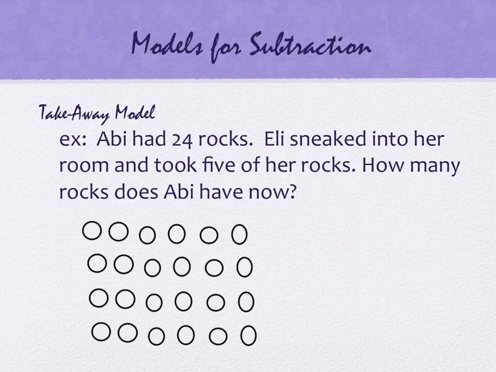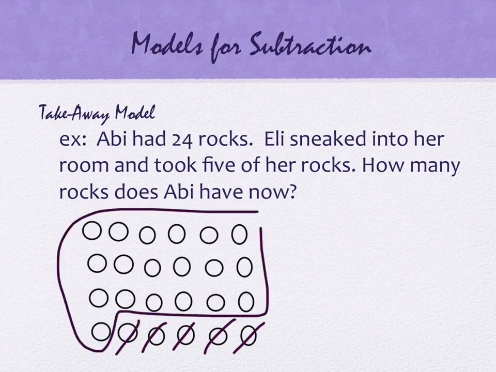And the idea of takeaway is that I'm removing a portion of them. So I have 24, and I'm going to remove how many according to this word problem? 5. 1, 2, 3, 4, and 5. And the question then is how many remain when I've removed that number? And the answer would be 19.